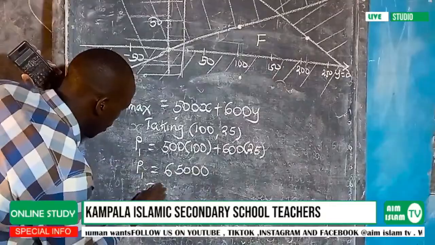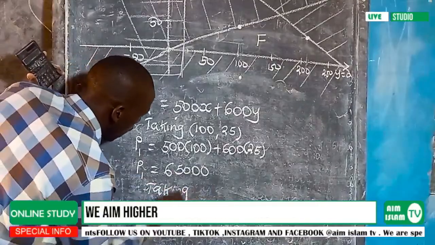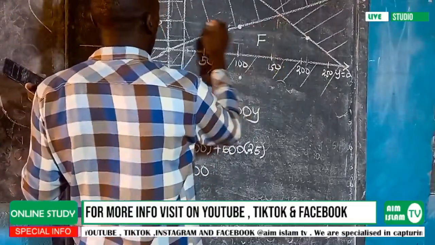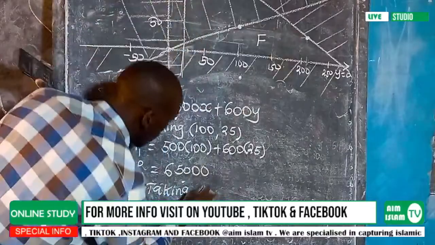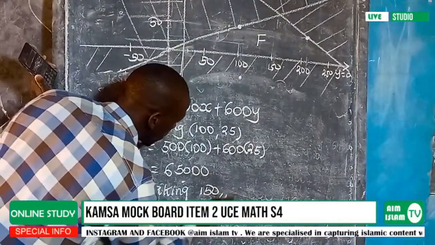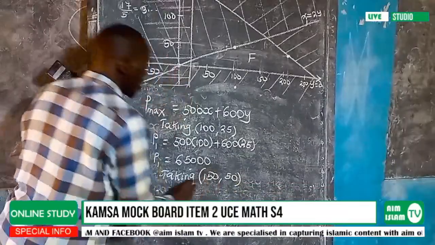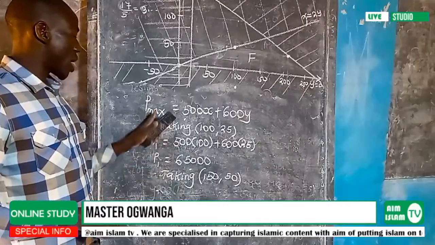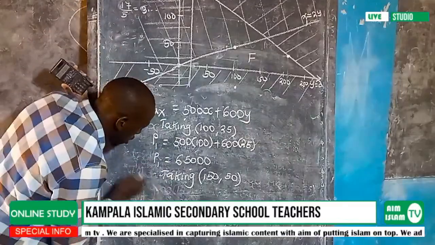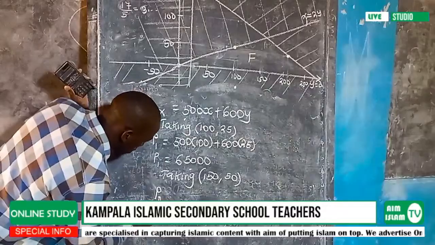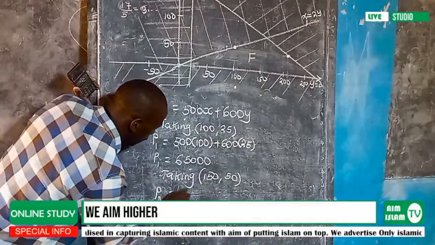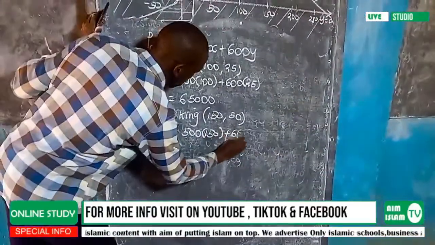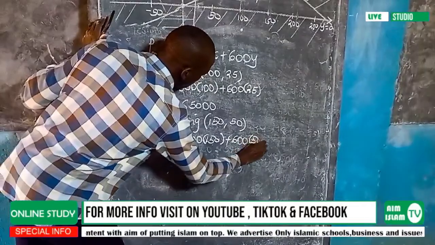Then for the second one, I will also still take a point. Let me take a point 150 and 50, which will still also be in the unshaded part. Then I substitute 150 being x and 50 being y. We are getting the second value of the profit, P2, that is 500 of x plus 600 of y.